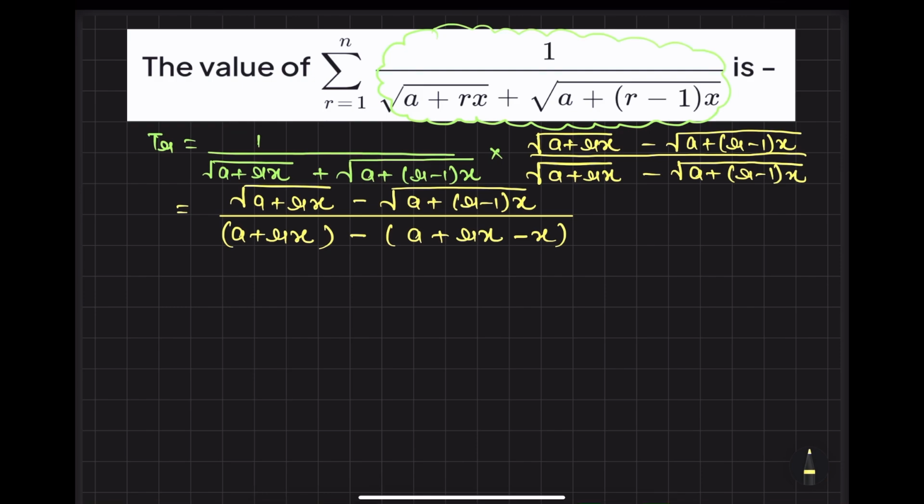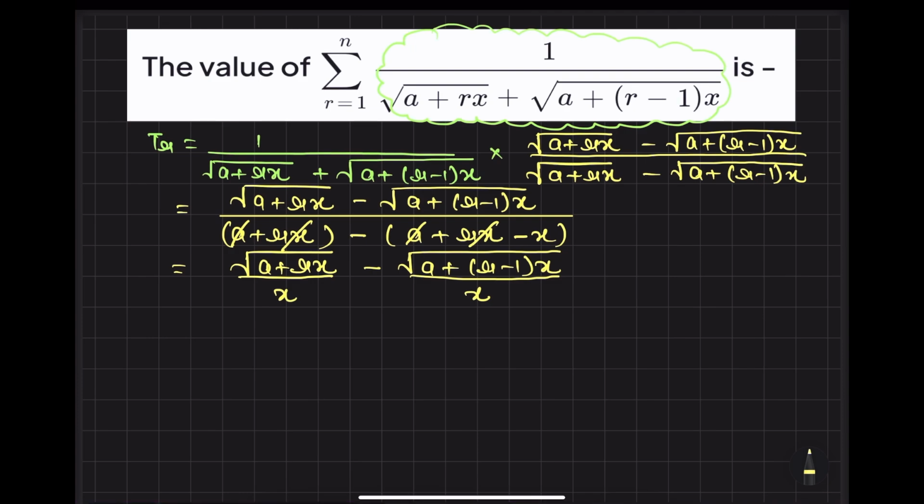So this thing will neutralize this thing, so minus of minus x will become plus of x. So we got root over a plus rx minus root over a plus r minus 1 x, by x. So this is our Tr.